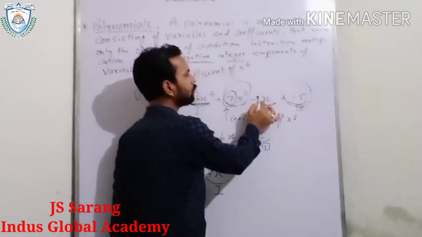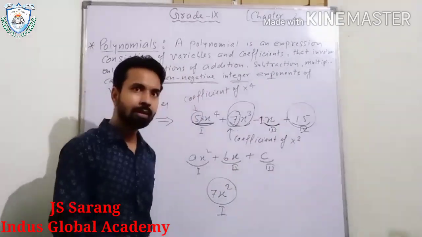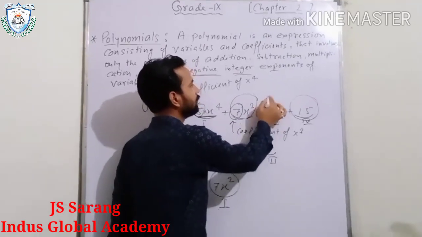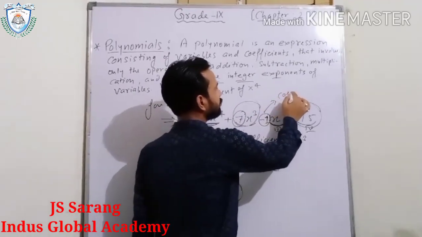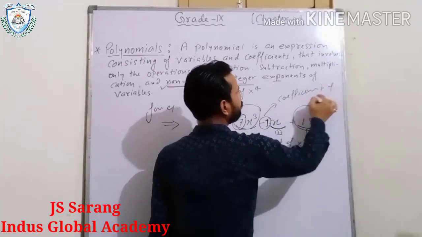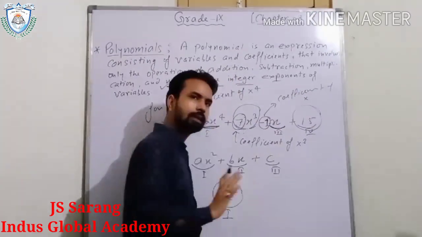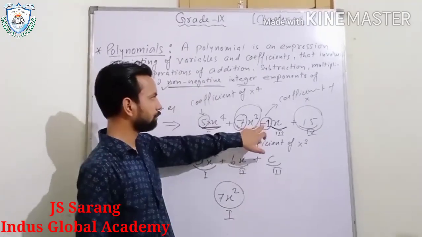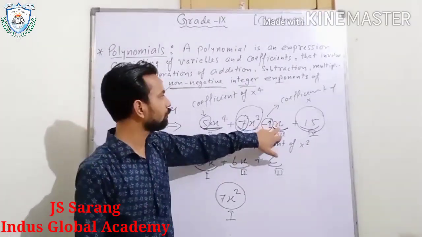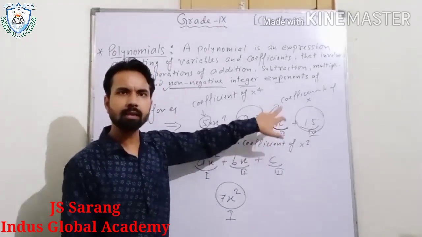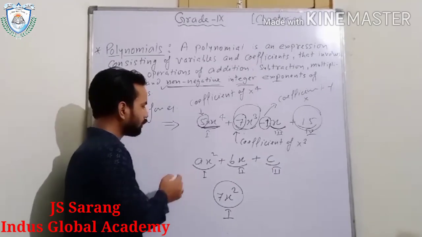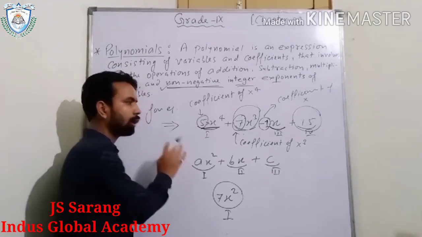Because 1 into x gives you x. So the coefficient of x will be minus 1. This is the coefficient of x. Clear? If negative sign is there, then we have to take minus also. So what is the coefficient of x here? That is minus 1.